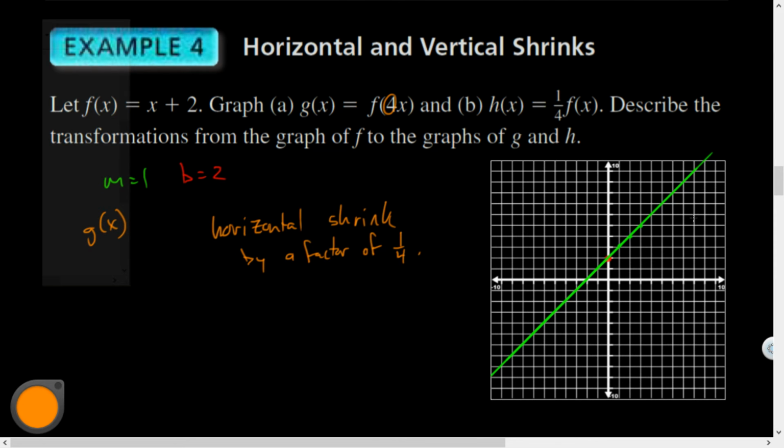So let me pick a point that's helpful. So here's 4 for its x coordinate, right? That's like 4 comma something, maybe 6. This point is now going to be a quarter of its x coordinate. So 1/4 of 4 is 1, right? Let me pick ones that are nicely divisible by 4. Here's 8.